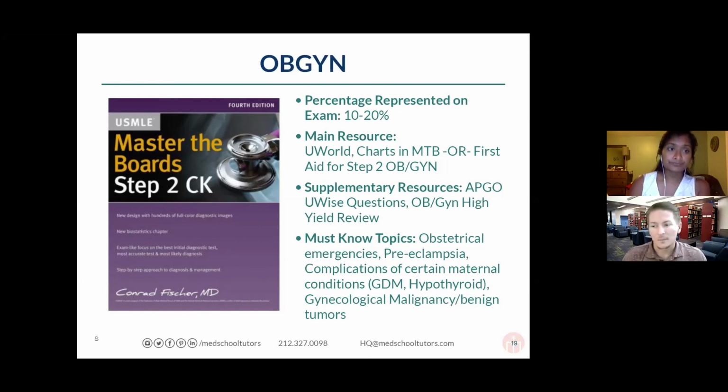Yeah, I would add on, because this is one of the areas that is slightly less represented than, say, medicine, some of that stuff is really worth diving into and paying attention to. Labor and delivery in particular is its own language. Like Sana was saying, it's not something that's really seen in any other clinical rotation you have throughout the year. And so if you have this early in the year, it might be really worthwhile to dive in and focus explicitly on some of the stuff that shows up in OB that doesn't show up elsewhere, namely labor and delivery, how you would assess fetal heart rates and that type of stuff, because you know you're going to see some questions on the exam about that.